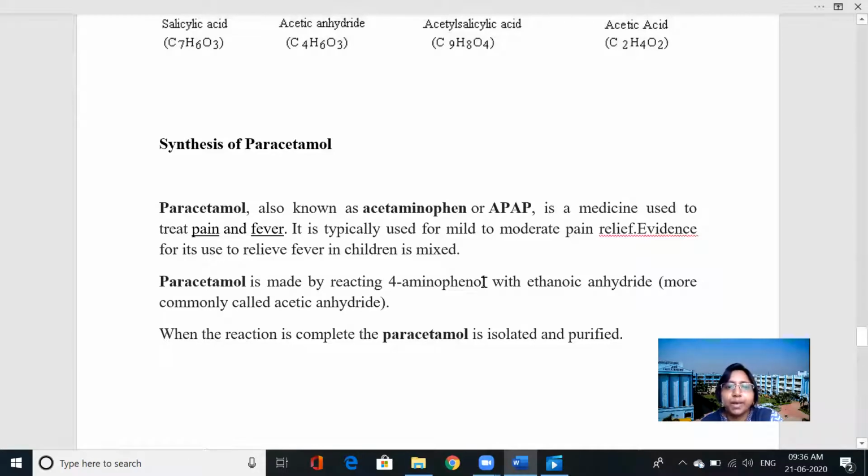Paracetamol is made by reacting 4-aminophenol with ethanoic anhydride, more commonly called acetic anhydride. When the reaction is complete, the paracetamol is isolated and purified.